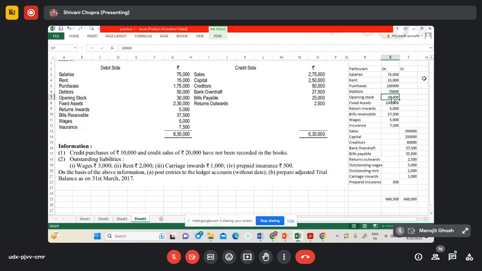So why are we doing this? Let's do this first and then let's understand the logic behind it. Where are our wages? Do we have wages? Yes. We'll increase the wages by 10,000. You'll increase the rent by 2,000. And then you will increase the carriage inwards.